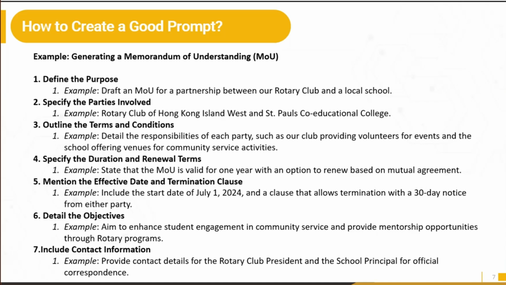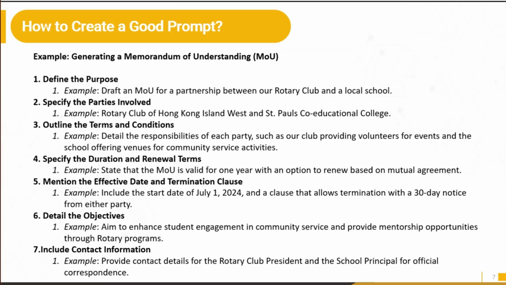So really important that we don't just say, please generate a memorandum of understanding between my club and this organization, because if you do that, it's going to give a very simple answer. It might give a nice template, but you're going to have to plug in lots and lots of information. So what we need to give it is a fair amount of detail.